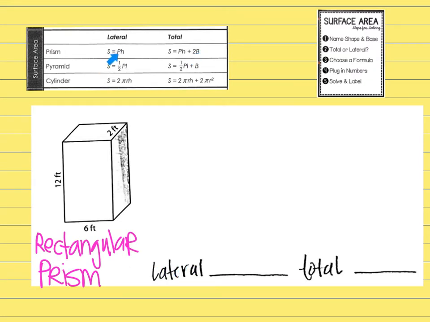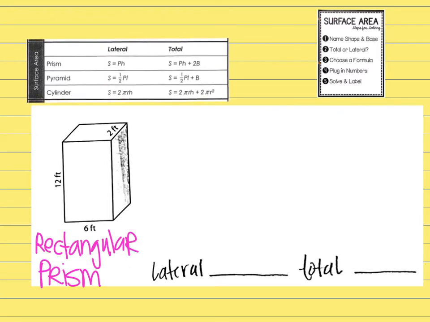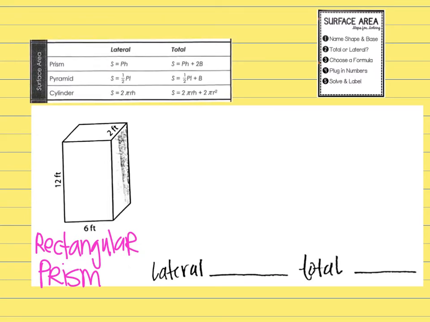When you look at the formula, P stands for perimeter of the base. So I know if you're in my class, we had this chart a long time ago. It's somewhere in your journal. But this capital letter P, I'm going to put down, if you can flip back and find it, you can add it there just on your sheet.